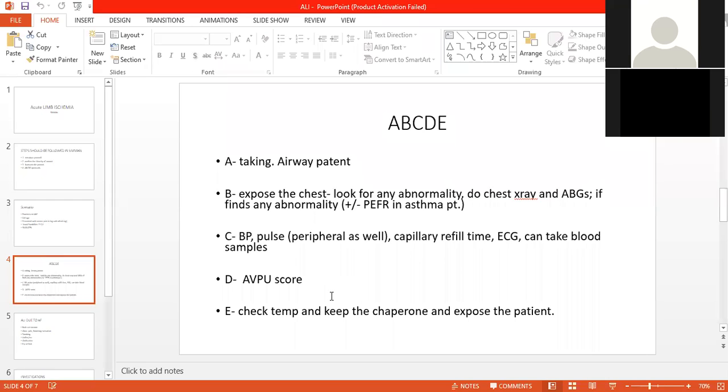If it's a shock station, then you have to put two wide bore large cannulas. And when you are putting on the cannula, you need to take the sample for investigations, and we'll talk later on about what investigations you need to take in this specific Simman station.